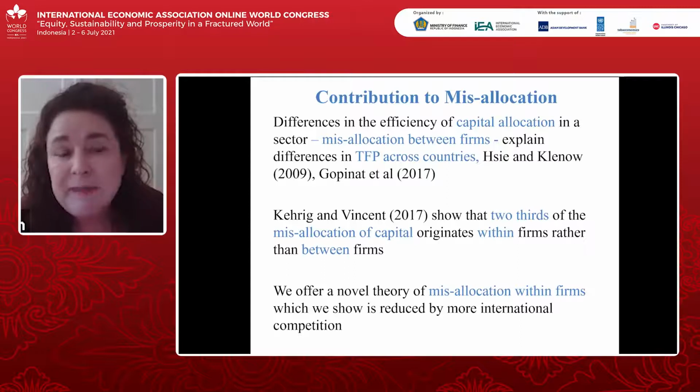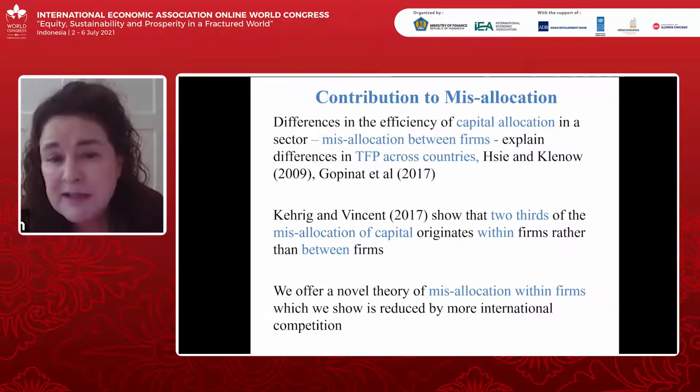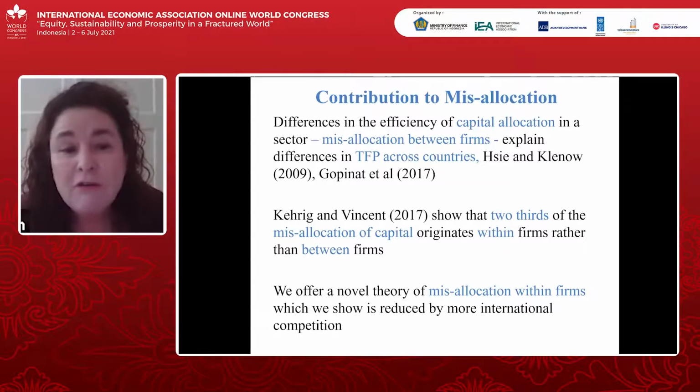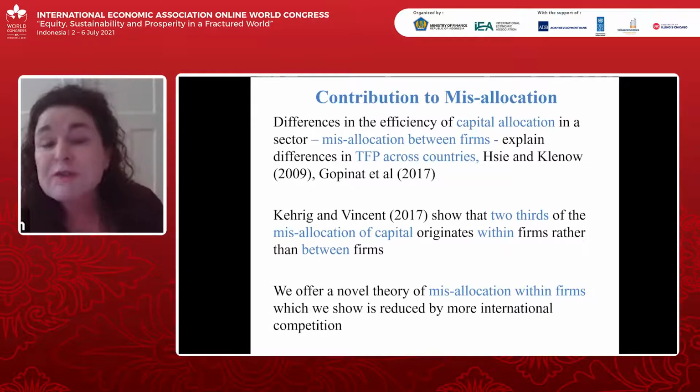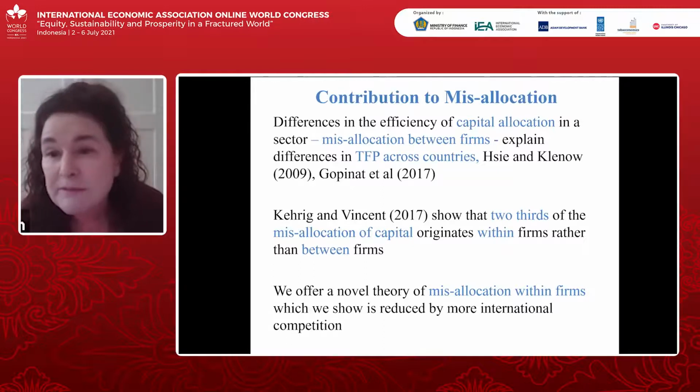However, in a recent paper by Kehrig and Vincent, they show that two-thirds of the misallocation of capital originates within firms rather than between firms. So what we offer in this paper is a novel theory of misallocation within firms, which we show is reduced by more international competition.